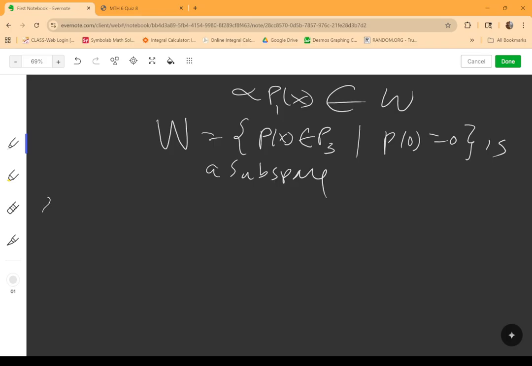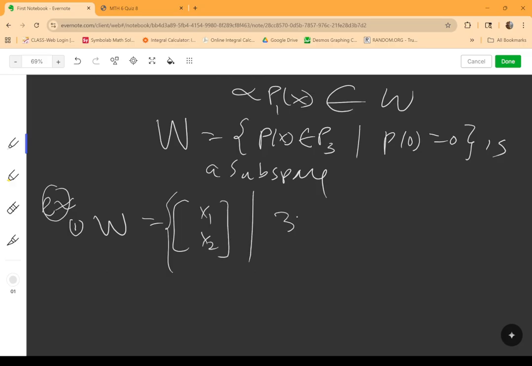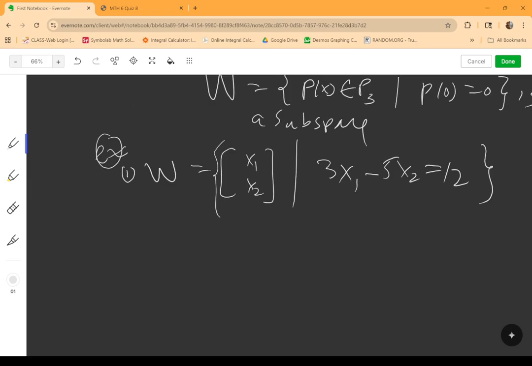Now, here are some examples where there are not subspaces. There are subsets. The first one is, let's take a look at the set W, which is the column vectors in R2 such that 3x1 minus 5x2 is equal to 12. So it's a line in the plane, and right away we see it fails: it does not contain the 0 vector.